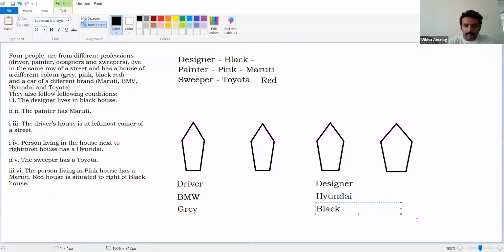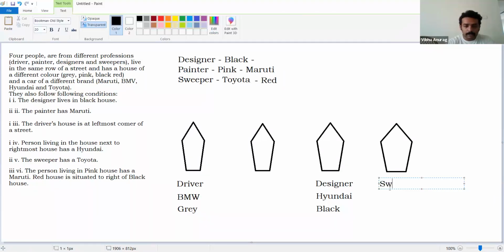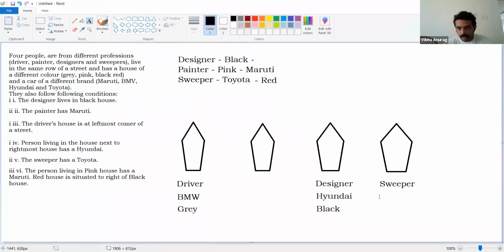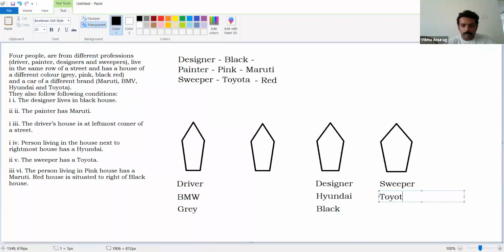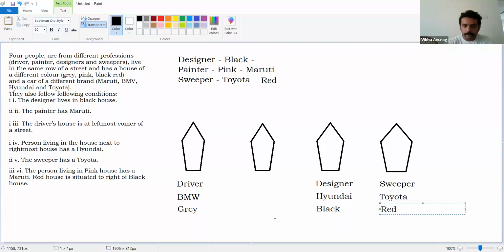Designer, Hyundai, black. And the red house is right of black house. So this is the red house where we have the sweeper living with the Toyota car, and the color of this house is red.